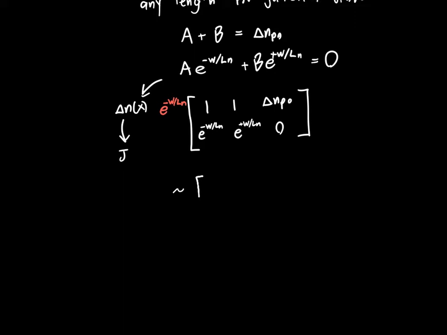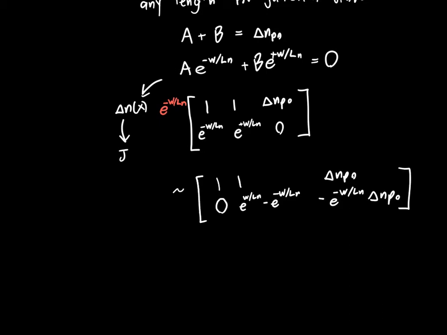We'll get 1, 1, and delta np naught, just like we had before on the top. And here we'll get a 0, e to the w over ln minus e to the minus w over ln, and then minus e to the minus w over ln times delta np naught. I should probably scoot over this delta np naught here, so let's just erase that real quick.